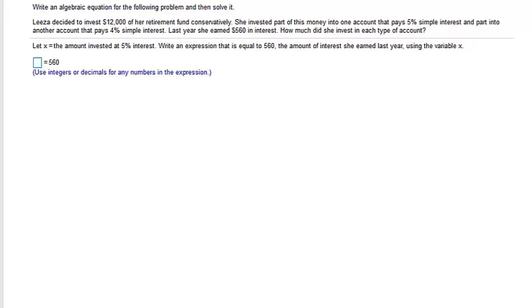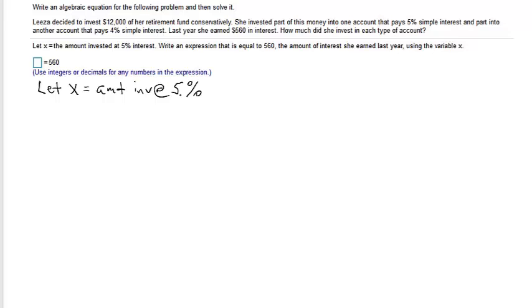So what we're going to do again is to define our variable. We're going to let X equal the amount invested at 5%. So keep in mind, she started with $12,000.